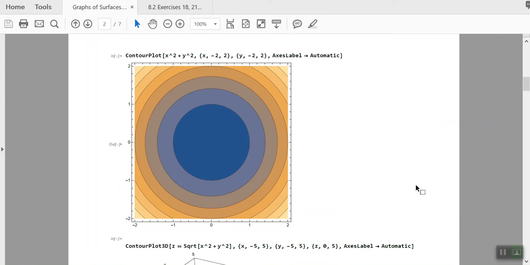This is showing us various contours, and notice they're all circles. We've got these concentric circles. The innermost circle, this dark blue circle, is a circle of radius 1, so that corresponds to c equal to 1. We'd have x squared plus y squared equals 1 to get this innermost contour.